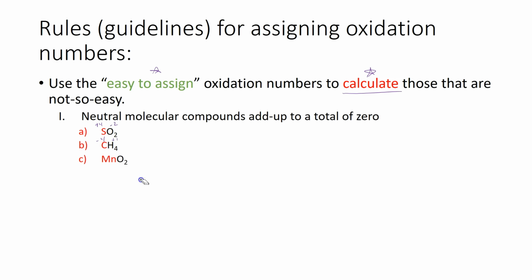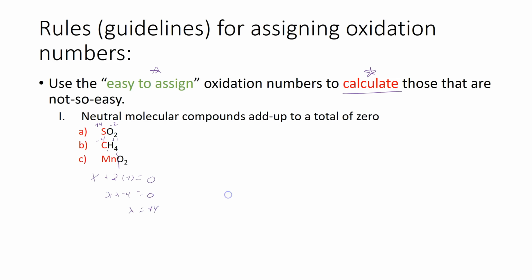Manganese dioxide. So here's my 2 sides of the equation. No charge attached to that, so I'm going to set it equal to 0. I have 2 oxygens, so I'm going to go 2 times -2 plus my unknown manganese, X. So X plus -4 equals 0, X equals +4.